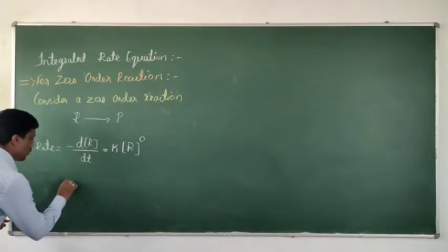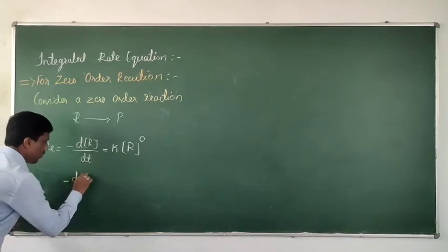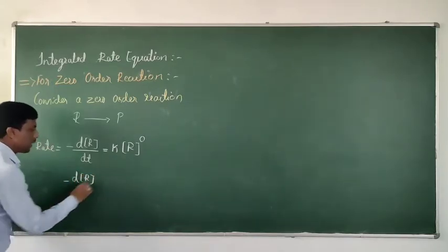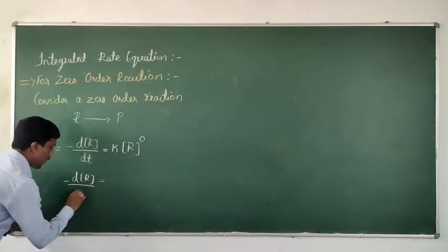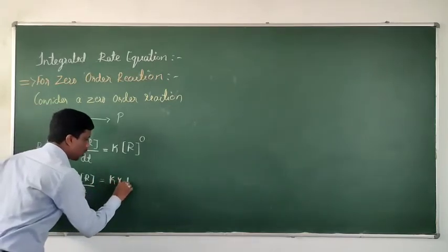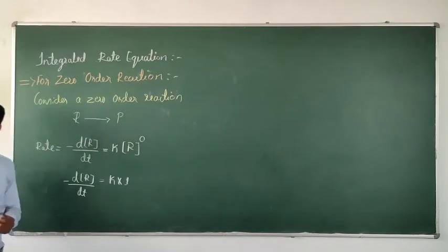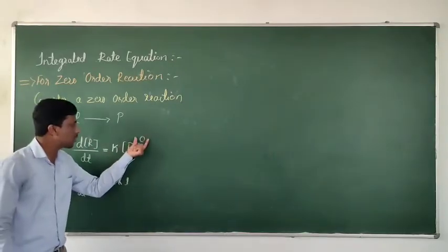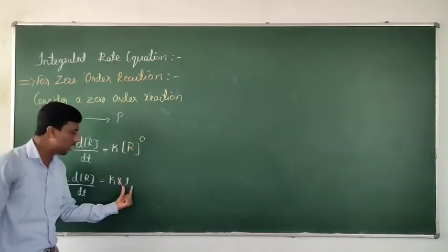Continue the discussion now. Minus dR divided by dt is equal to K into 1. You all know that anything raised to the power 0 has the value 1.